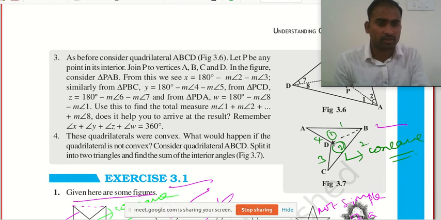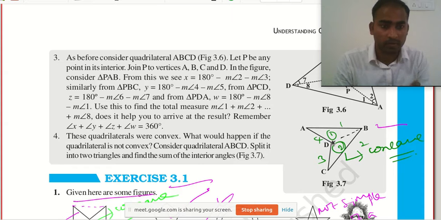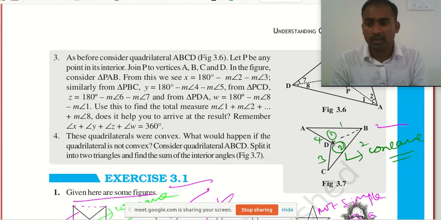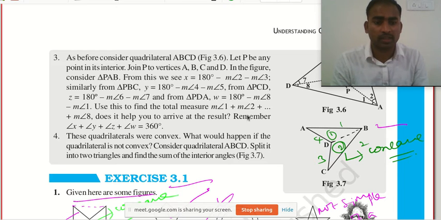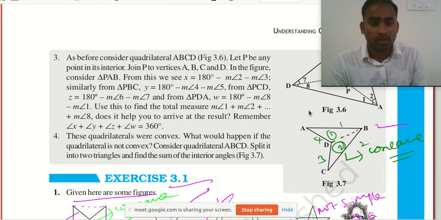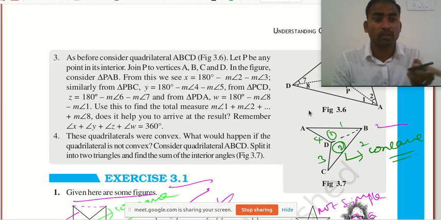The sum of angle measures of a concave polygon is equal to the sum of angle measures of a convex polygon. But there is one different point compared to convex: one angle will be more than 180 degrees in a concave polygon. Any one angle will be more than 180 degrees.